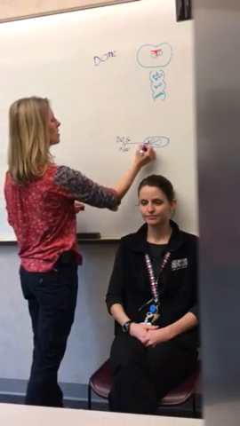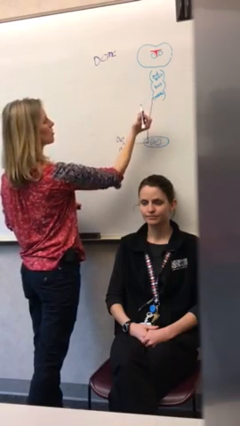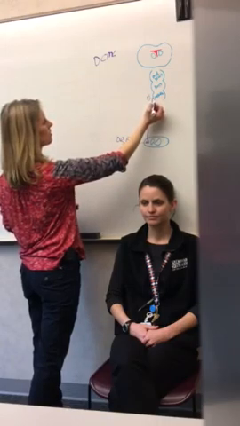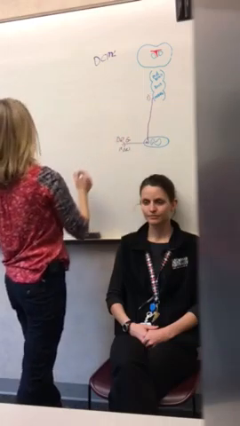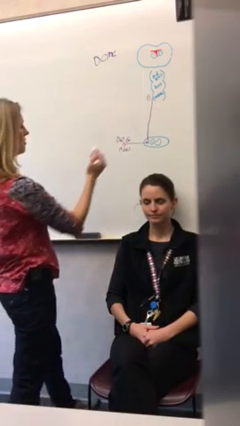After it meets with the second order neuron, it continues up and goes to the dorsal part of the medulla and meets with a third order neuron, which is your internal arcuate fibers.